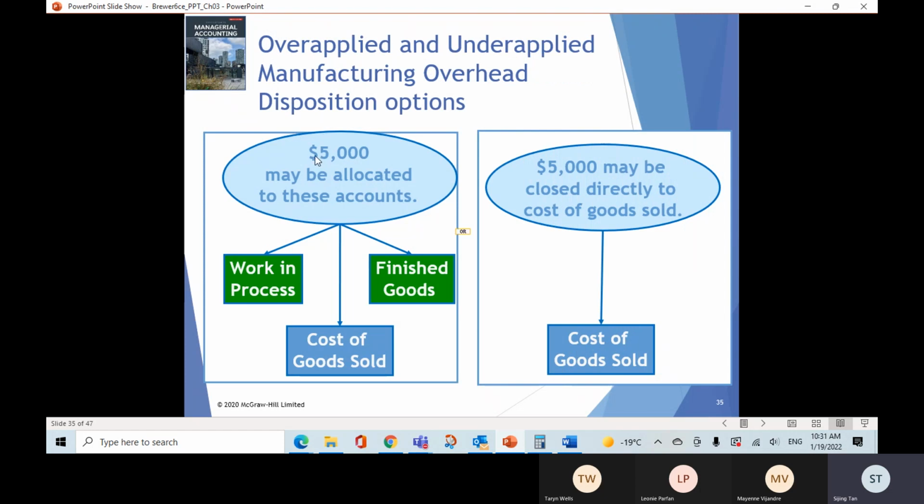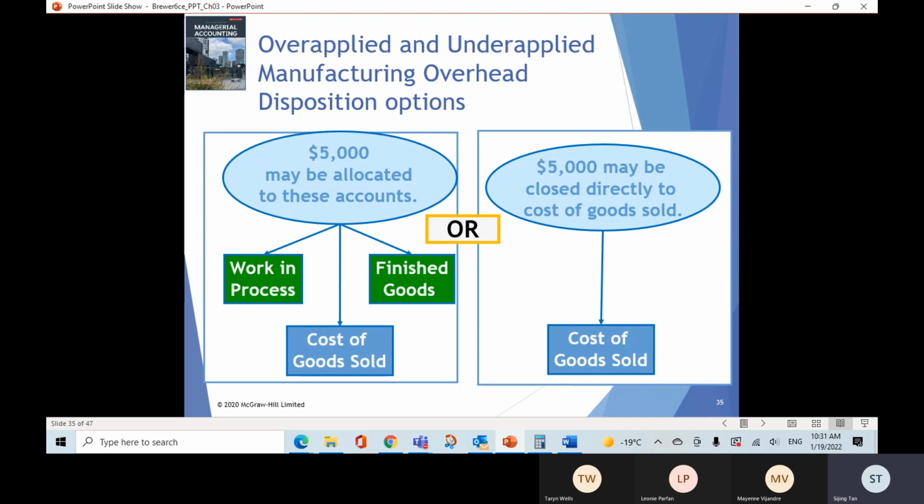Now, the $5,000, remember the example we just mentioned before, could be allocated to the accounts work in process, finished goods, or cost of goods sold. Or, the simplest, we just directly apply the $5,000 from the clearing account into cost of goods sold.